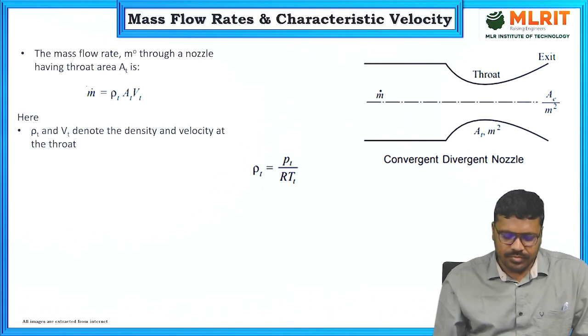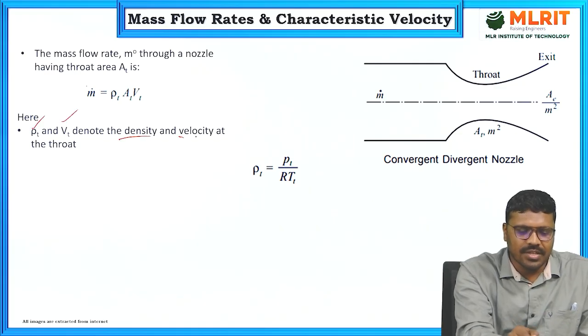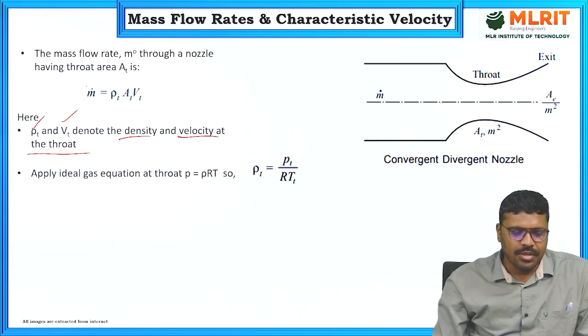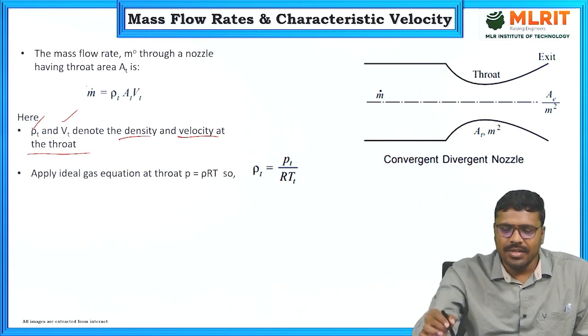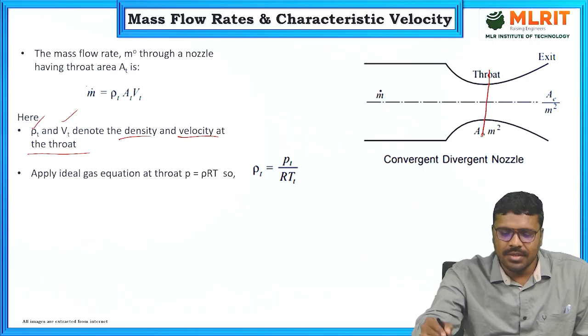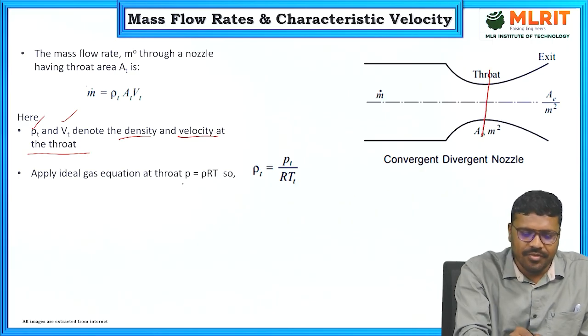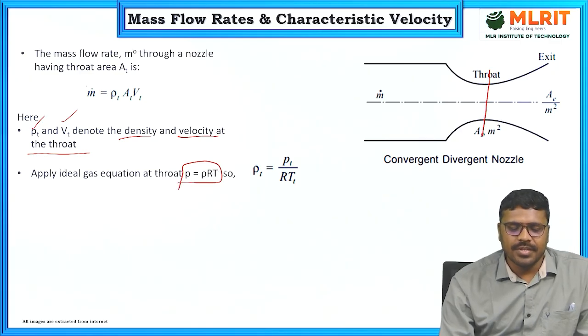So the parameters, right? Rho T and Vt denote the density and velocity at the throat, and At is the area at the throat. If you apply the ideal gas equation at the throat, according to the ideal gas equation, we can say P is equal to rho RT.